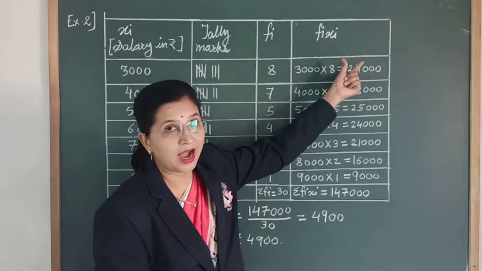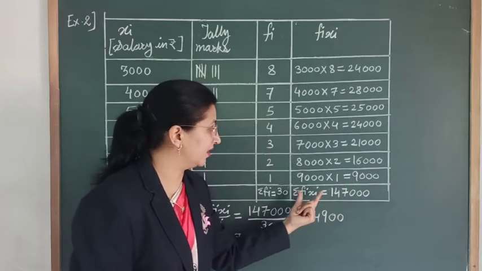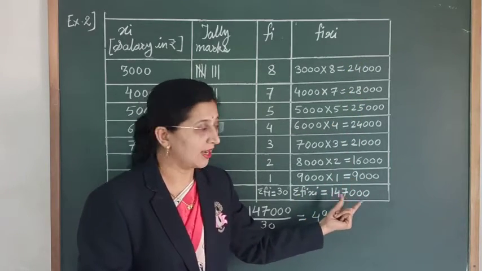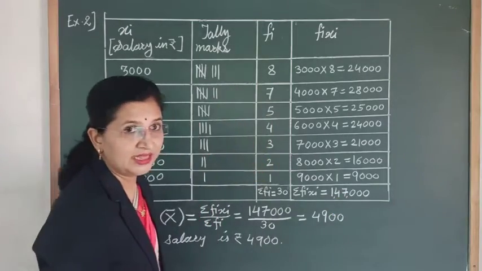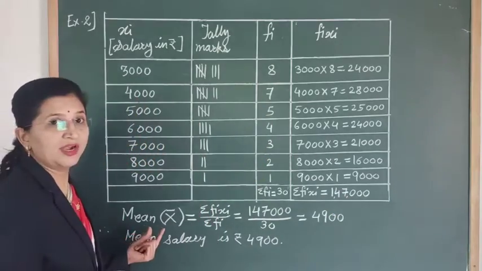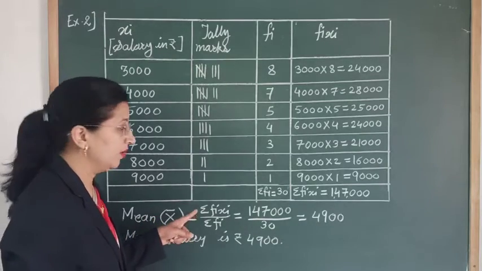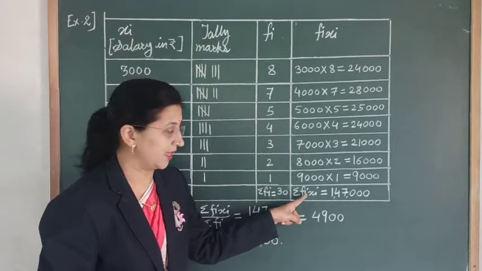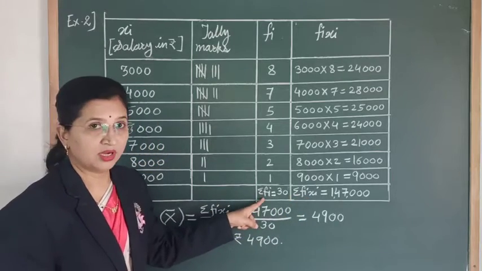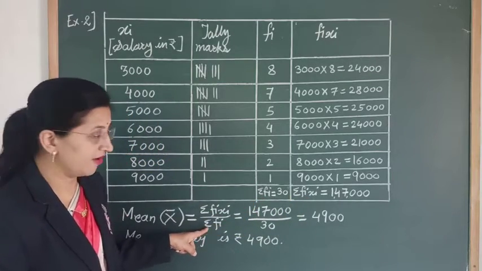So we'll add all these numbers. We'll get the total of all that salary, which is 1,47,000. Now we have to find out the mean. So mean is equal to sigma fi xi upon the total of frequency, that is sigma fi.